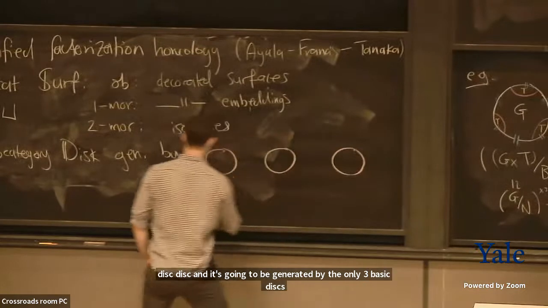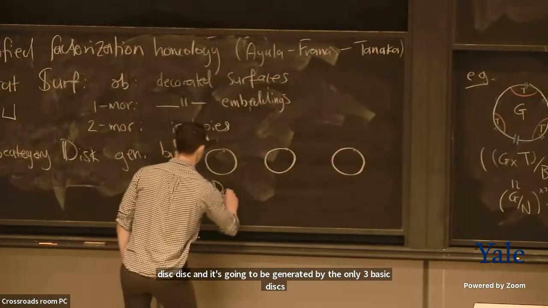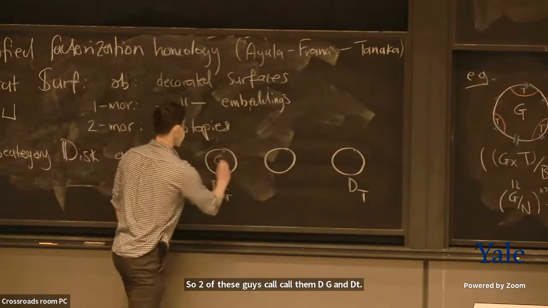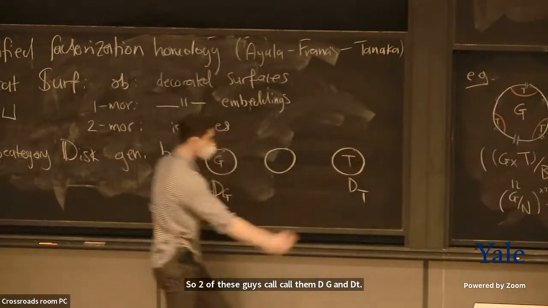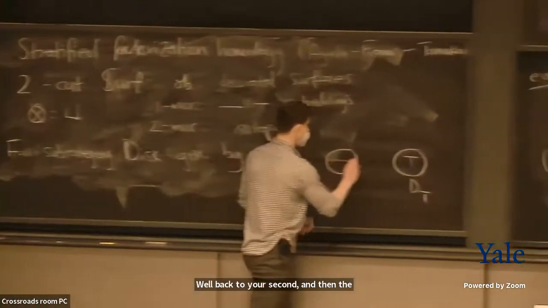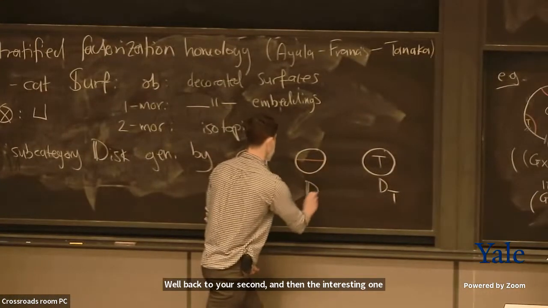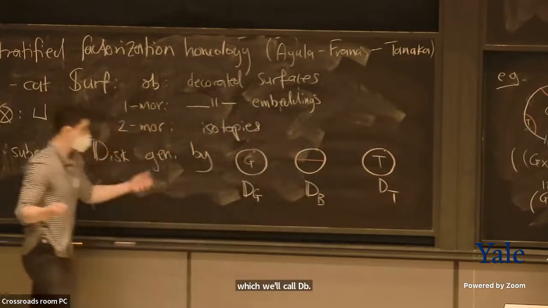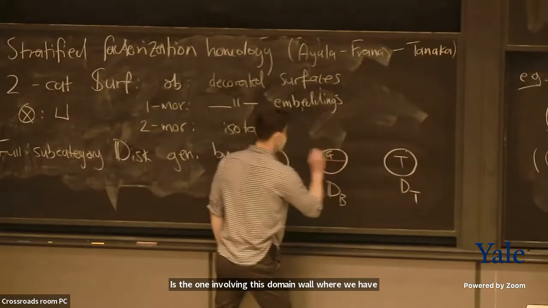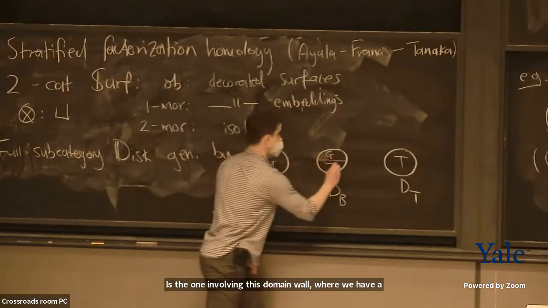Two of these, we'll call them D_G and D_T, are disks that are entirely labeled by G or by T respectively. And then the interesting one, which we'll call D_B, is the one involving this domain wall, where we have a bipartite disk, one half labeled by G, the other by T.